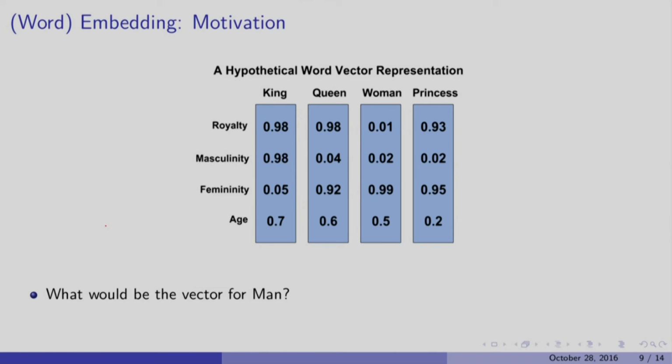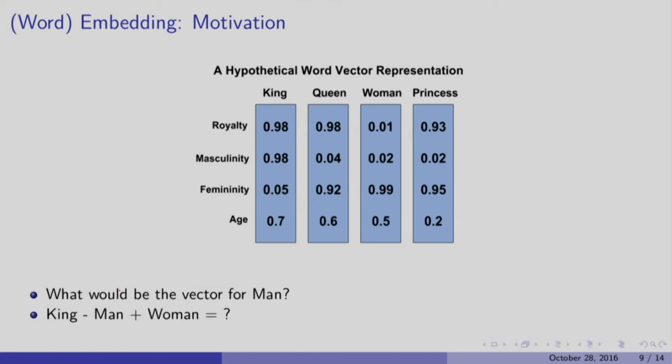So what could be the vector for man? Well, as far as man is concerned, we would like the masculinity to be high, age to be around 0.5, score low on femininity and on royalty. Now are we able to recover that by the simple algebraic operation?